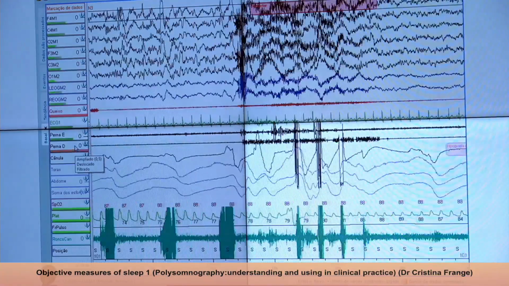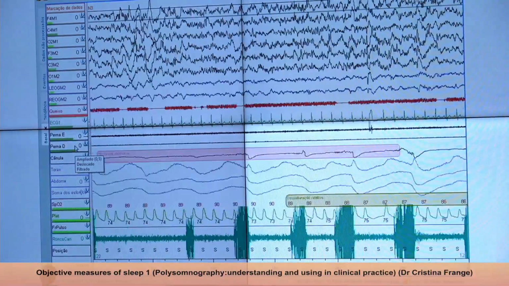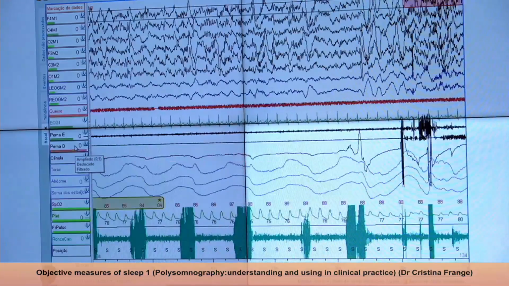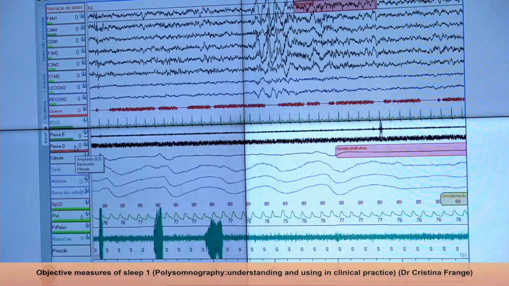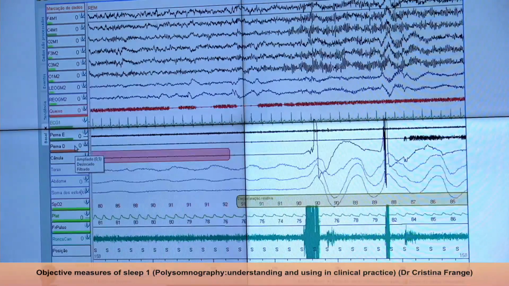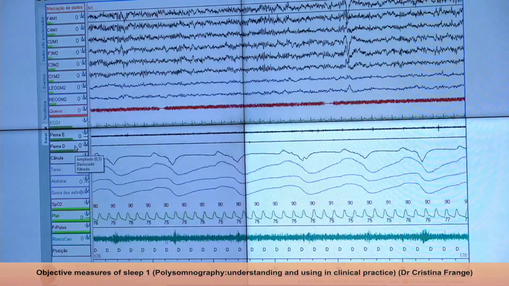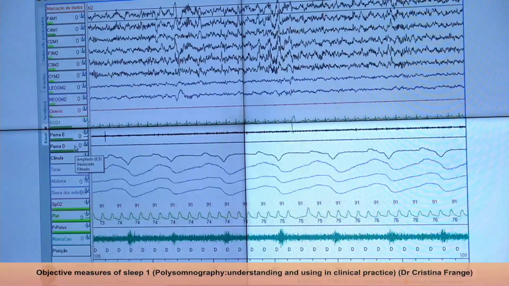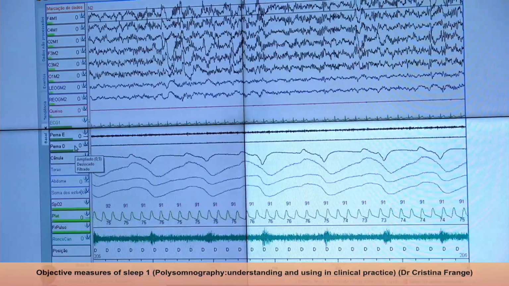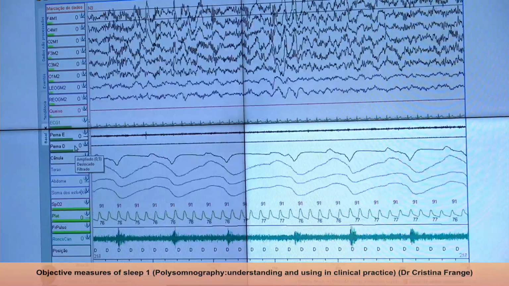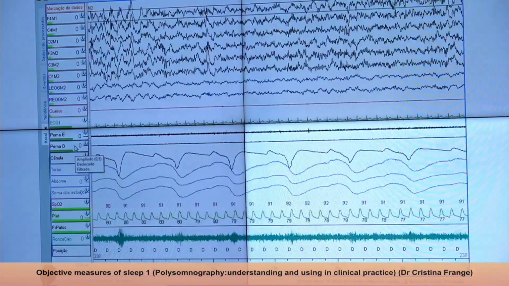So yesterday, someone asked me how do I know if it's a PLMS or if the patient is just turning from one side to another. We will know because we will see the brain waves. So if the patient is in N2 or N3 stage and has a pattern of movement in the legs, then this will be a PLMS.